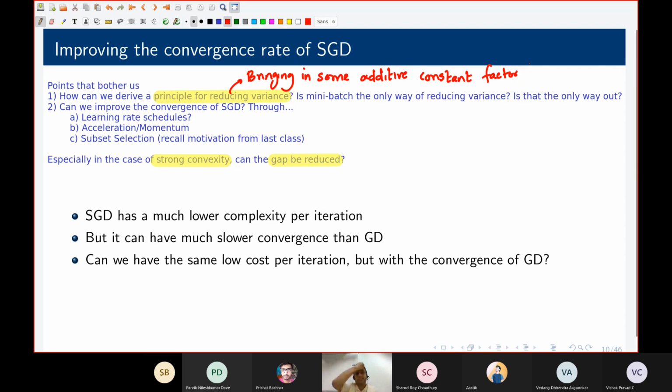So can I suggest that that constant factor could come from this: every time I sample an example, I find its gradient. Should I just throw away that gradient? Over the course of time, let's say I've actually landed up scanning every point.